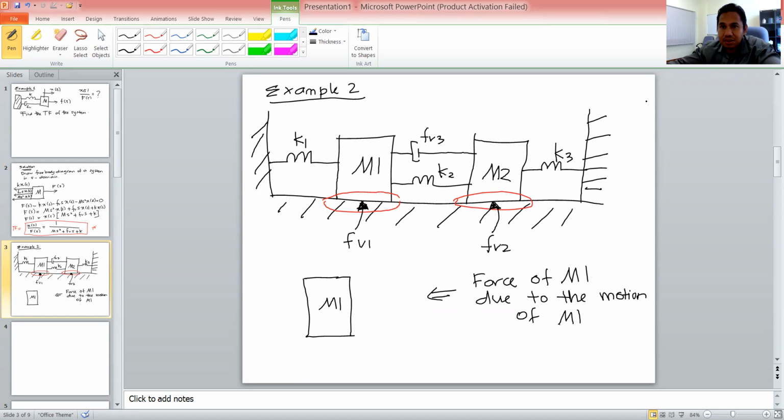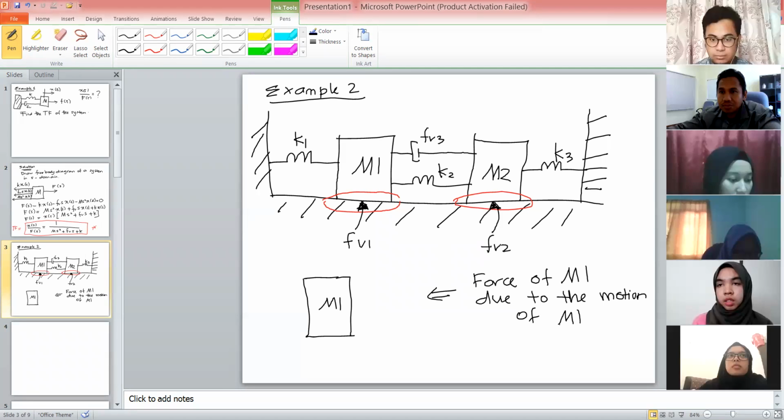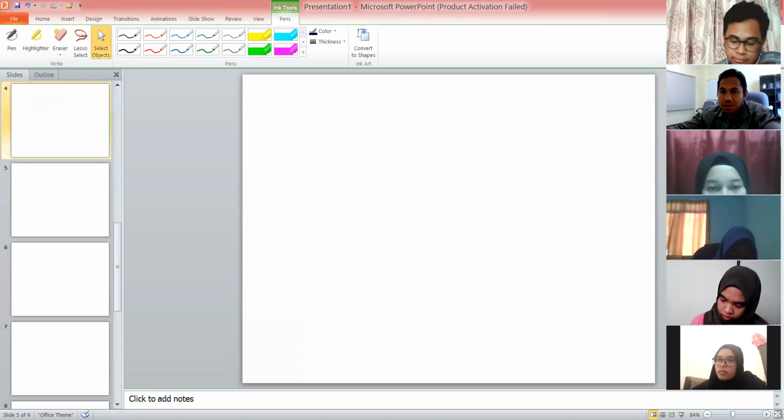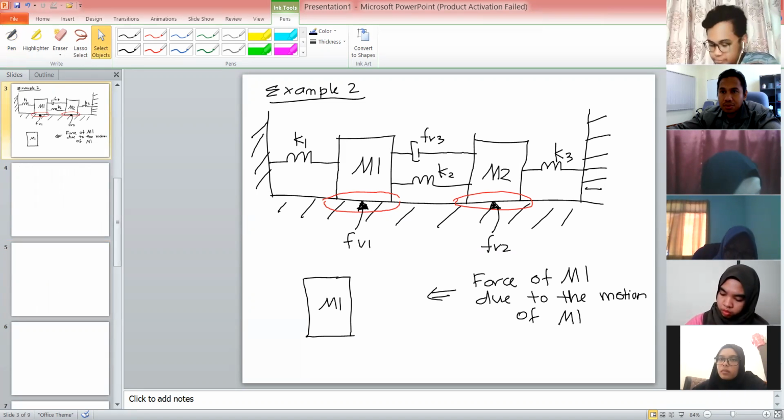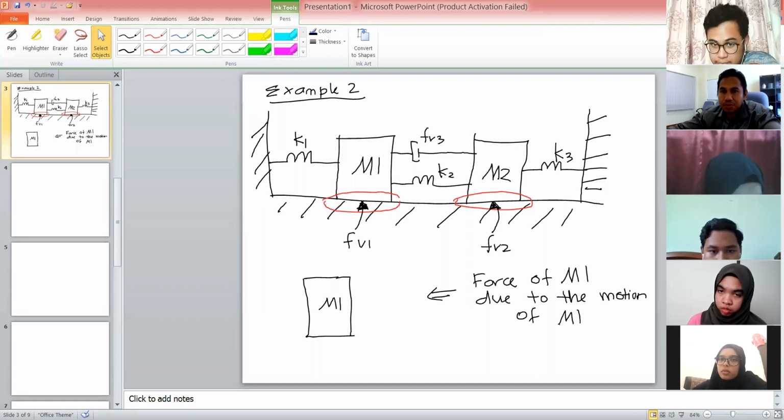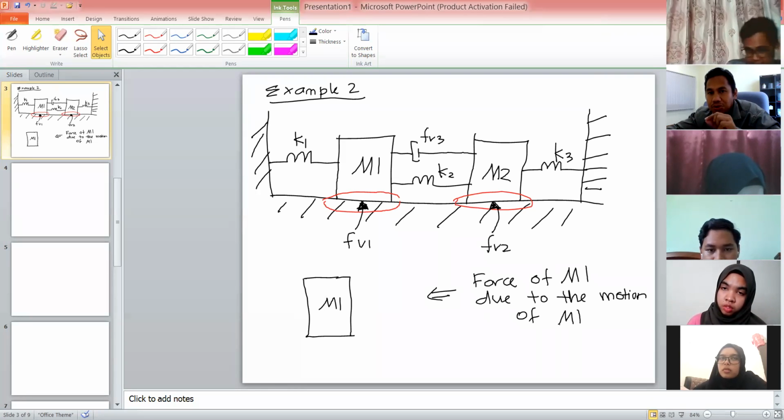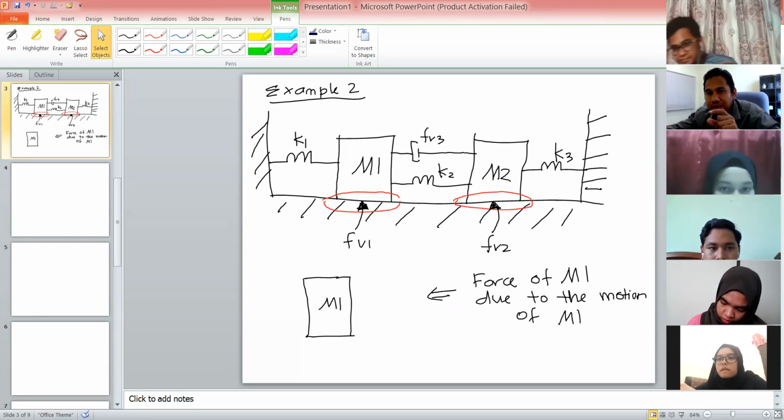What force do we have here? There is a damper and a spring. Which damper? Now FV3. Mention to me the numbering in the figure.